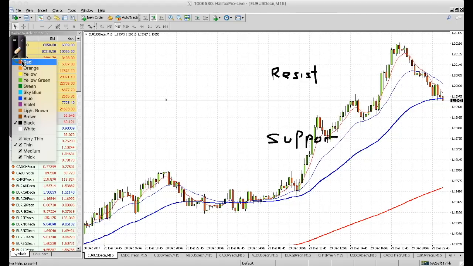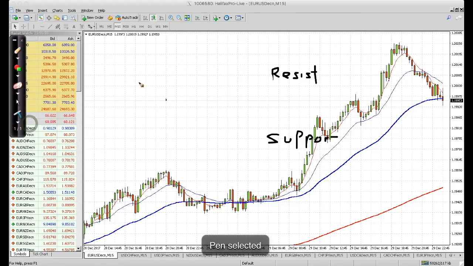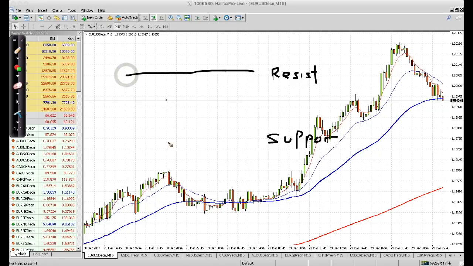So in reality, what happens more often instead is that this line is more like a zone, which means the price can go up and it doesn't exactly touch and come down. It can go a bit above that and come down.